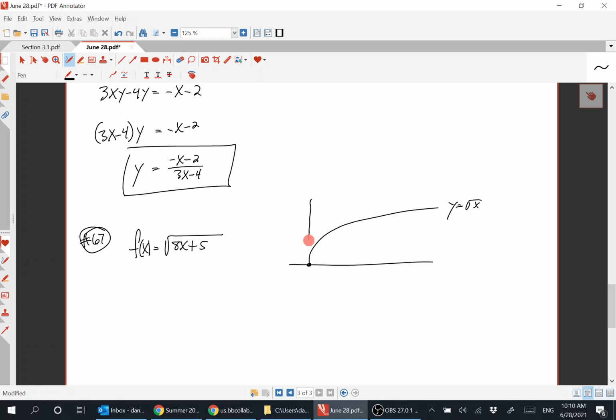So square root of 8x is going to be stretched. No, compressed. So how's that going to look? Well, this is a square root function shifted to the left. It's not shifted all the way to 5, but it's a square root function shifted to the left. So it looks like that. So find f inverse of x.